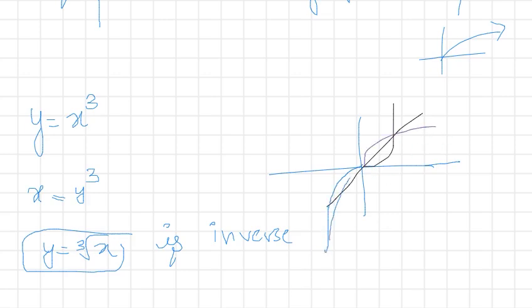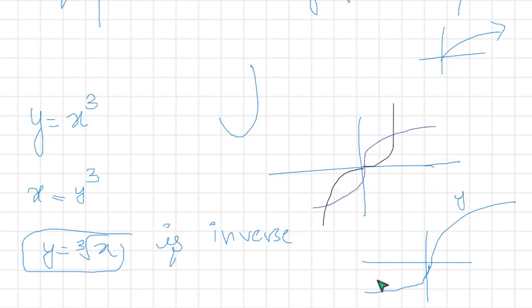Draw like this here. This is the graph. It will be like this. So it will not go like that. It's a bit flat like this. So basically, the graph will be inverted like this. So cube root x. This is the graph. So that is what I have drawn.